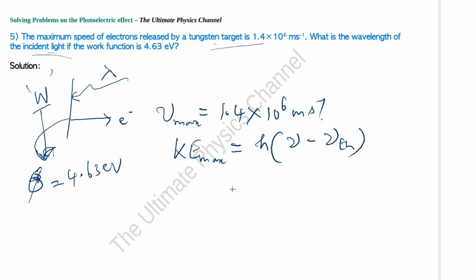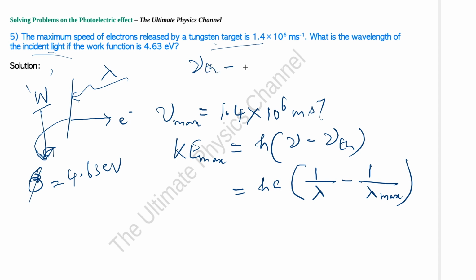Of course, in terms of wavelength, we can write as hc times 1 over lambda minus 1 over lambda threshold here because c is taken outside, but typically we use something called lambda max as the notation for that, because nu threshold is defined as the minimum frequency, right?